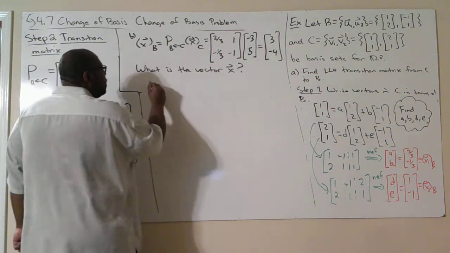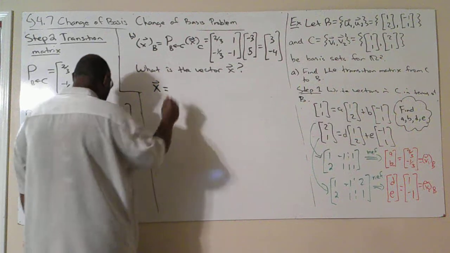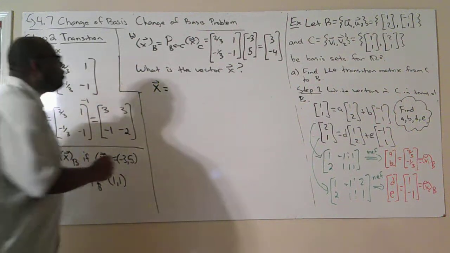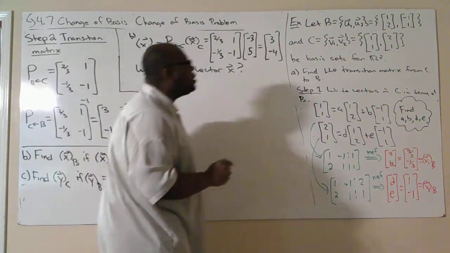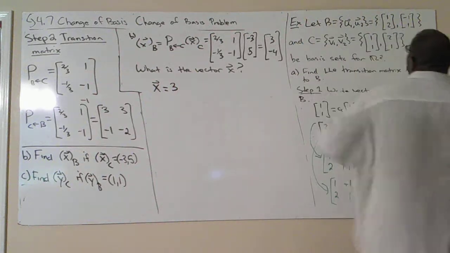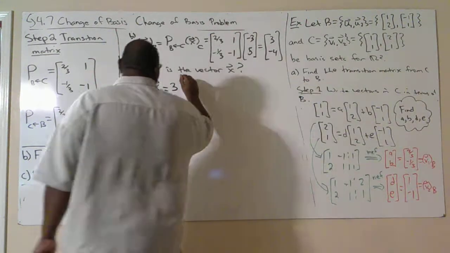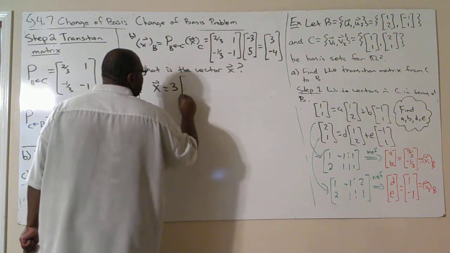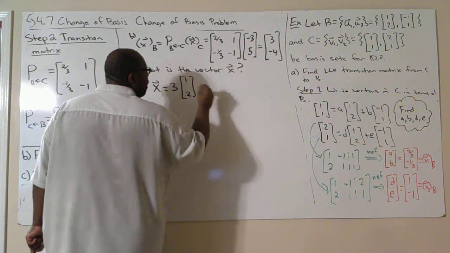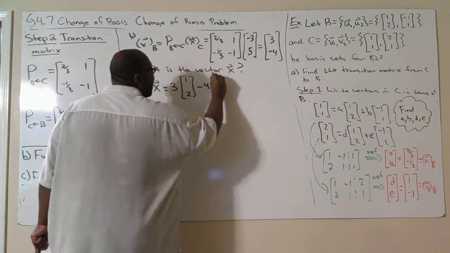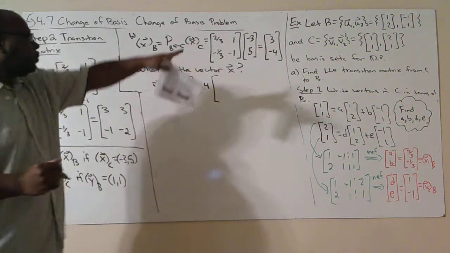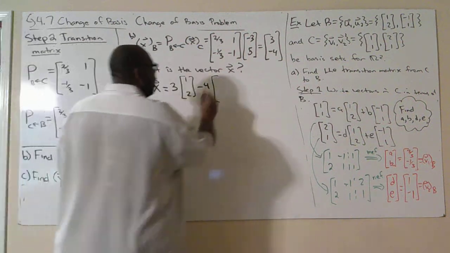Okay. So I'm going to say x relative to b is going to be 3 times u1, which is going to be 1, 2, minus 4 times u2, which is going to be negative 1, 1.